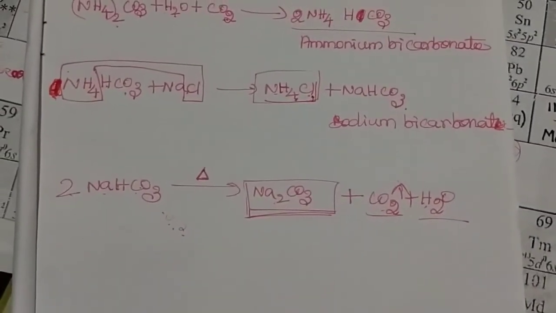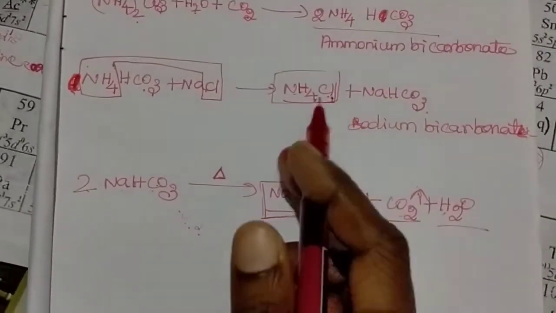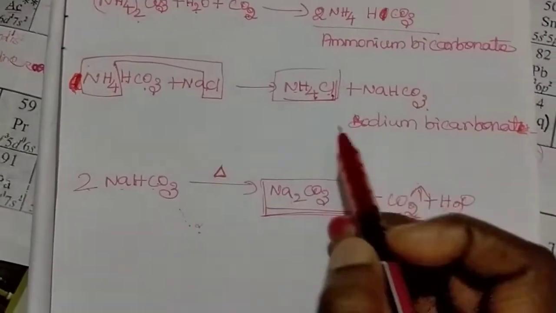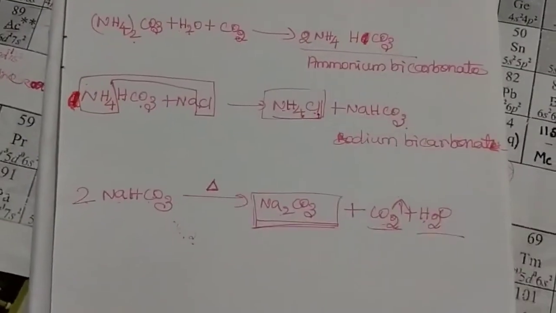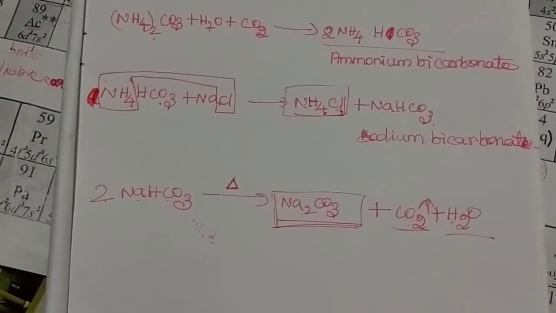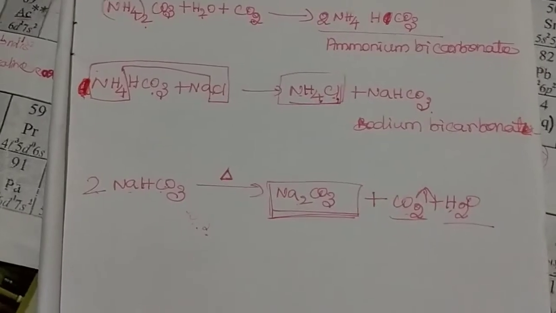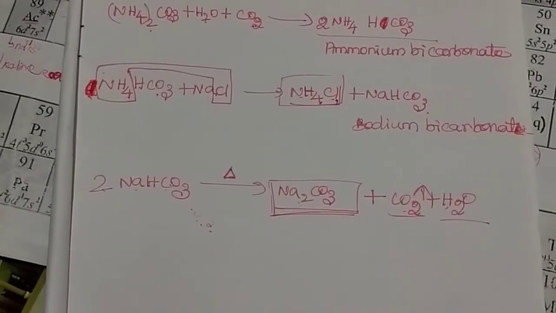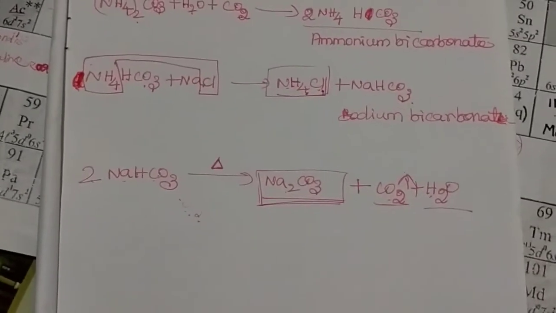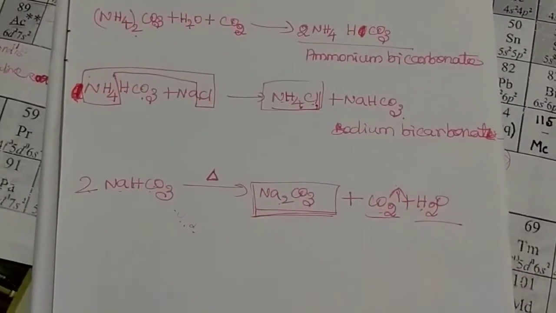The ammonium chloride is isolated from the solution, taken out, and treated with calcium hydroxide. Because of this reaction, calcium chloride is produced as a byproduct and ammonia is recovered.